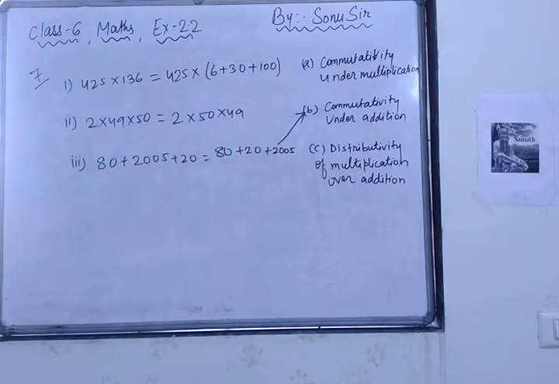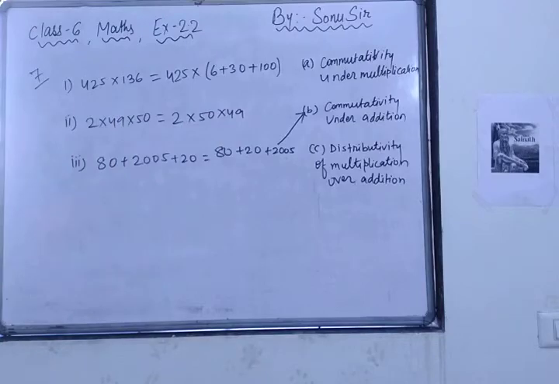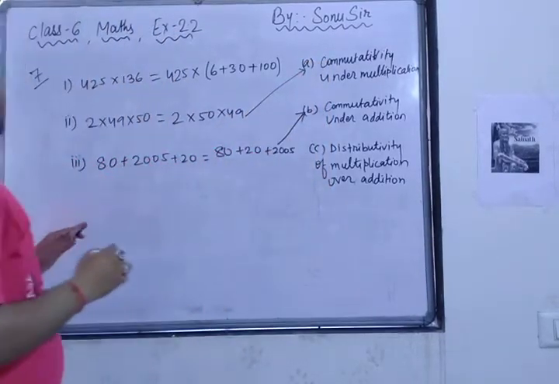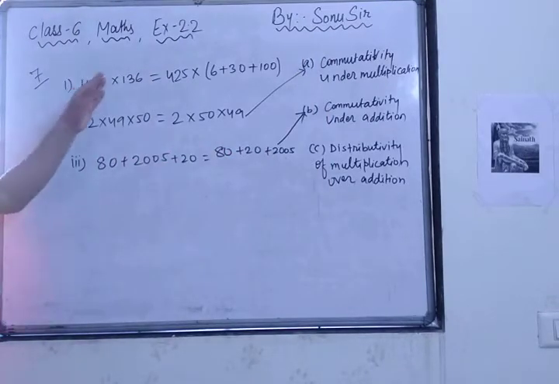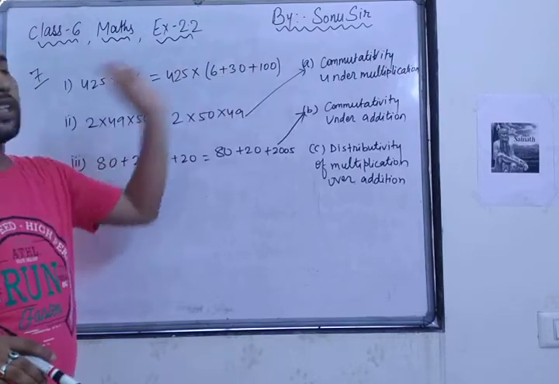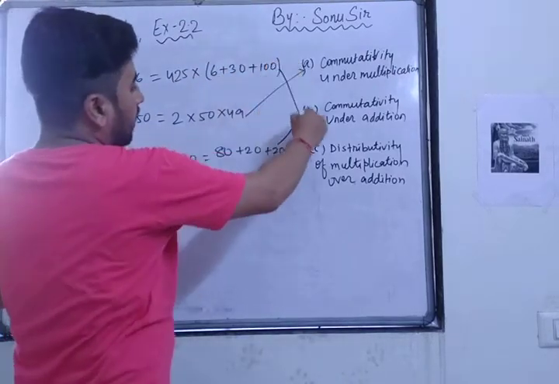Here you can see 2 into 49 into 50, 2 into 50 into 49. So it is under multiplication, nothing else. So commutativity under multiplication. Here you can see 425 into 136. They have distributed 136 into 6 plus 30 plus 100. So distributivity of multiplication over addition.